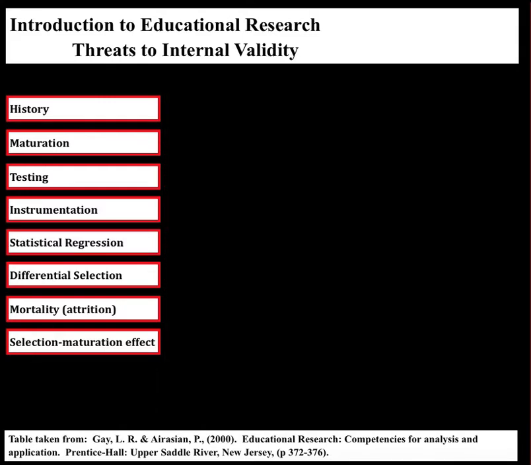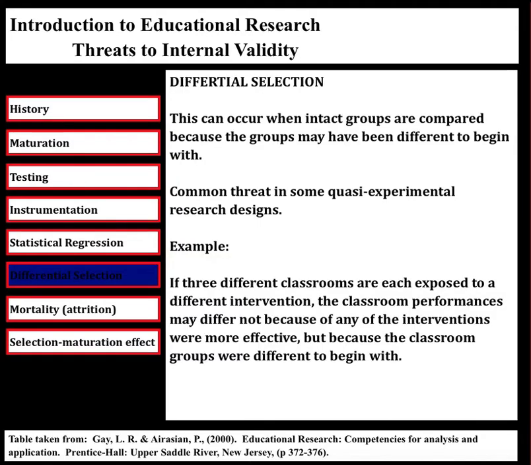The next threat is differential selection. Differential selection presents a threat to internal validity when participants in the experimental and control groups have different characteristics that affect the independent variable differently. This occurs a lot when researchers are forced to use intact groups like classrooms, when they're compared, because the groups may be different.